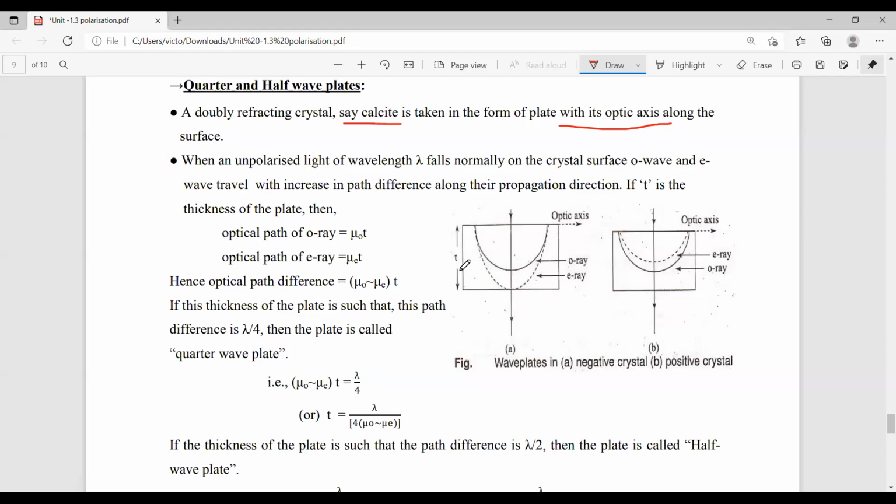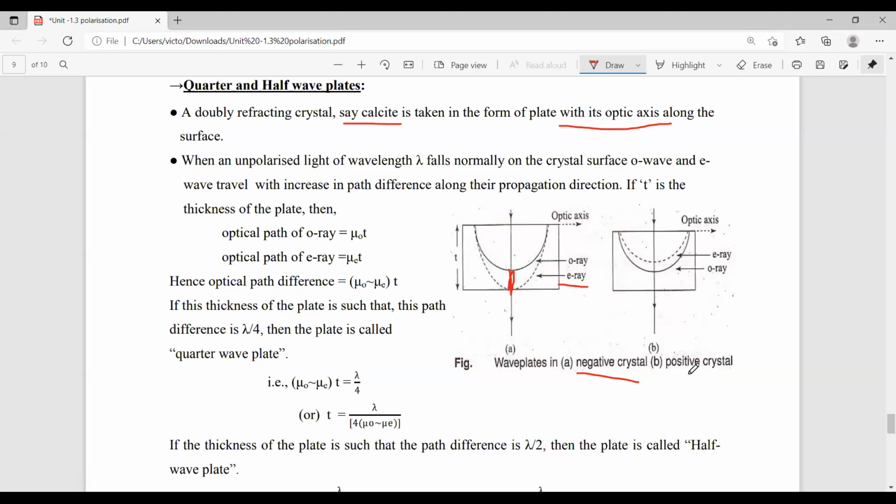Now the thickness of the glass plate is T. From the first figure A, it is a negative crystal. How do we confirm that? As you observe the figure, E ray moves faster as compared with O ray. The dotted lines are in the shape of an ellipse, so automatically it is an E ray. So E ray is faster as compared with O ray, and there is some path difference between these two waves.